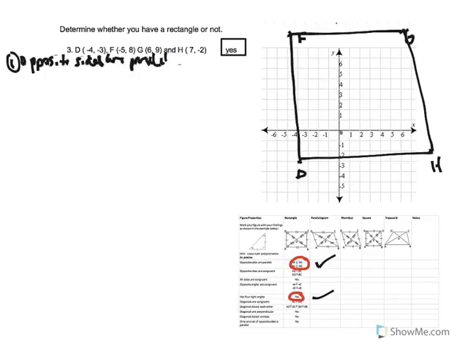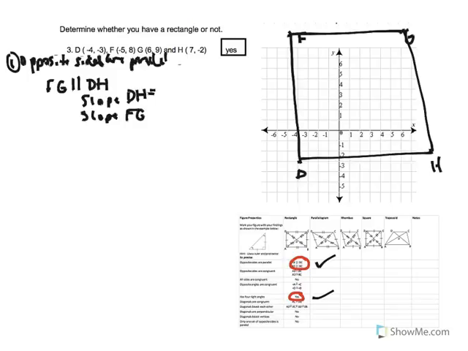And then we prove case by case. So first we prove that FG is parallel to DH. And we find the slope of DH, and then we find the slope of FG.